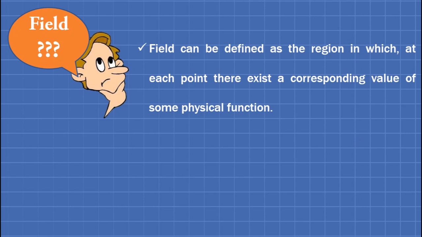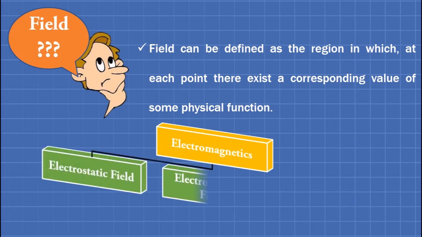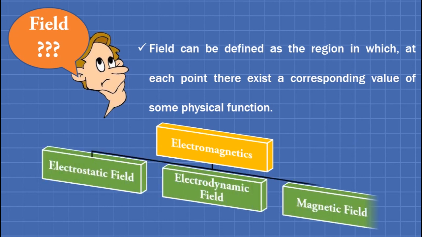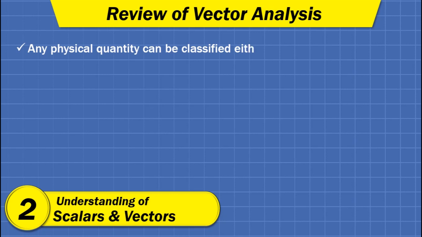So in practice everything living or non-living is under the effect of many natural or artificial fields. But for electromagnetics we will mainly consider electrostatic field, electrodynamic field and magnetic fields, and we will learn each of these fields in detail as our lecture series proceeds.